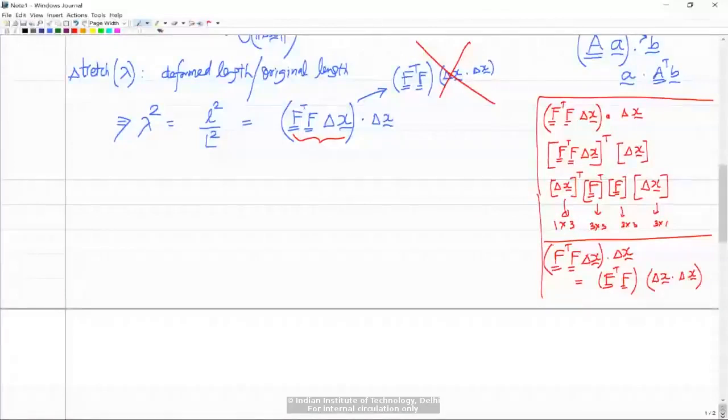I'm just simply doing the dot product, and it doesn't matter where I put the bracket as long as you have the sequence in the same way. If you think that way, now work this out, and you will see that you have made a mistake. You're not getting what you have up here. The two delta x are on the extreme side, see here.